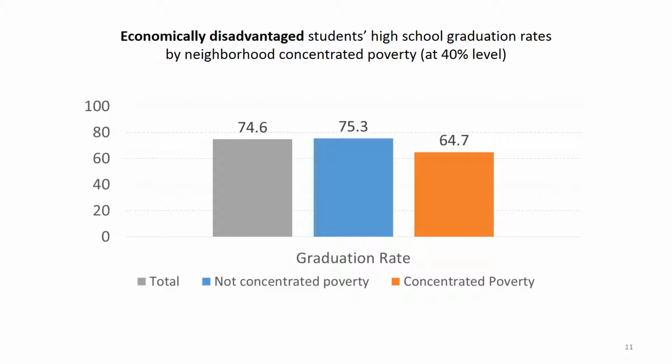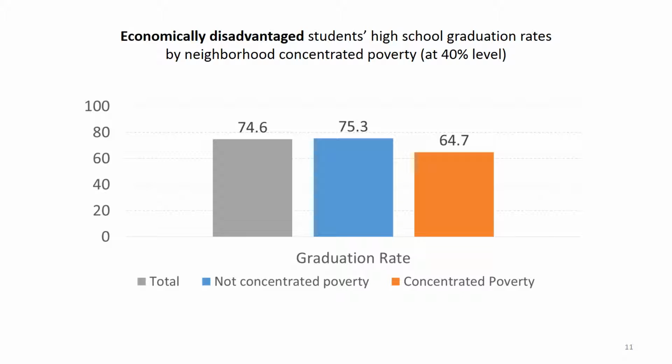The other thing to keep in mind is that our economic disadvantage category oftentimes lumps together students who are reduced price lunch and free lunch students, as well as students who are potentially eligible based on the community eligibility option, which some schools are adopting. So this is not necessarily a perfect measure of economic disadvantage, and it may be that economically disadvantaged students in concentrated poverty schools are more economically disadvantaged than those in non-concentrated poverty schools.